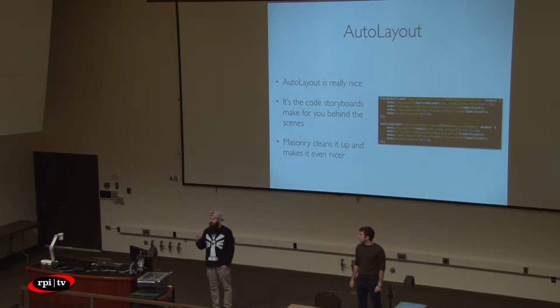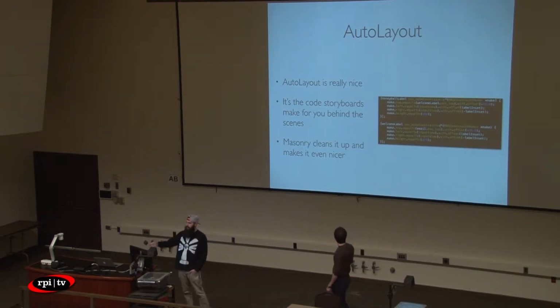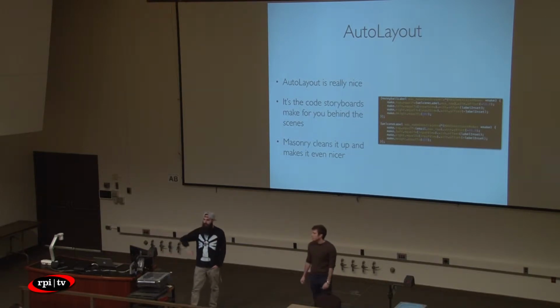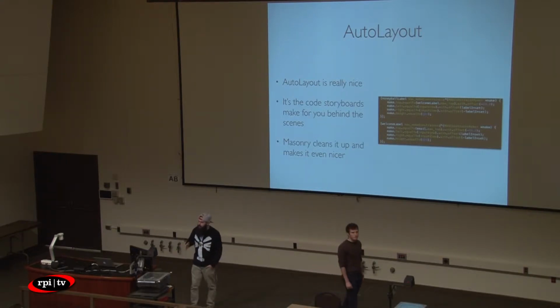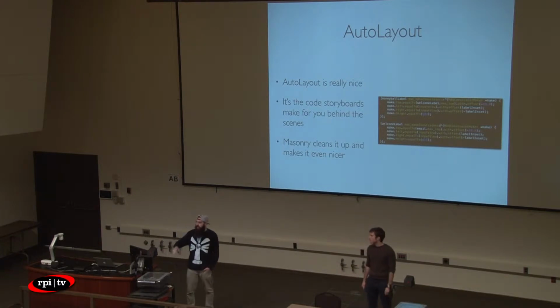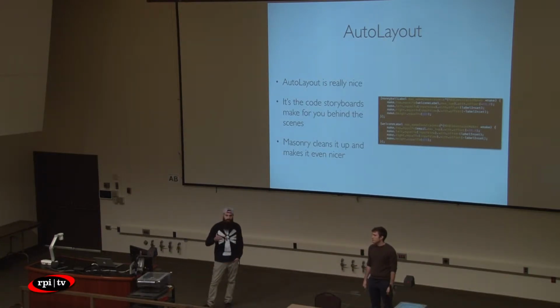So you can write that code yourself, and this is basically what it looks like. This is essentially how to make constraints programmatically in order to get rid of the need for a storyboard. Obviously, it doesn't give you the visual, but this is going to be a much cleaner version. And this implementation that you see here is actually done using Masonry, which is a project on GitHub that we've linked in the resources.